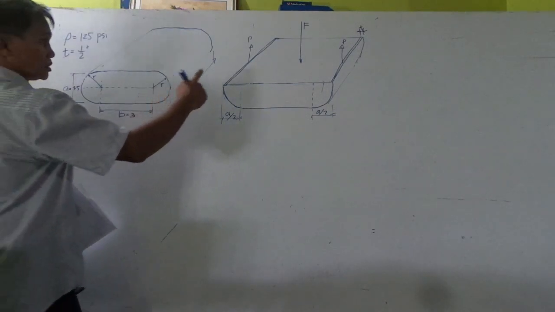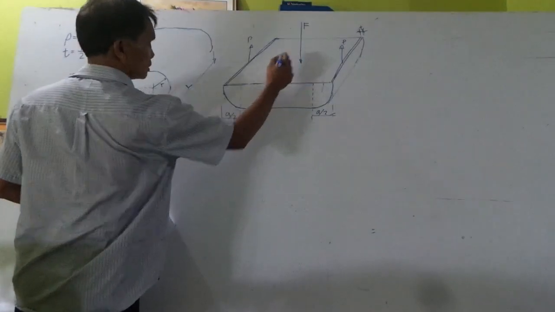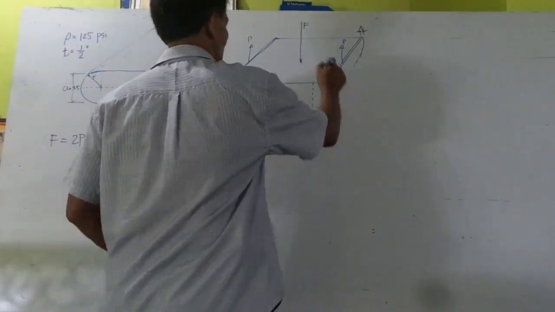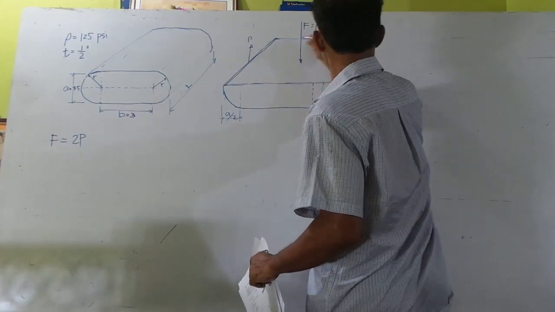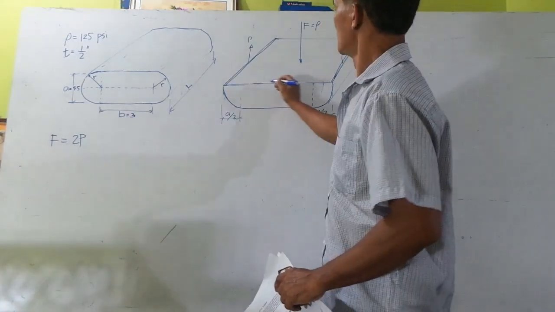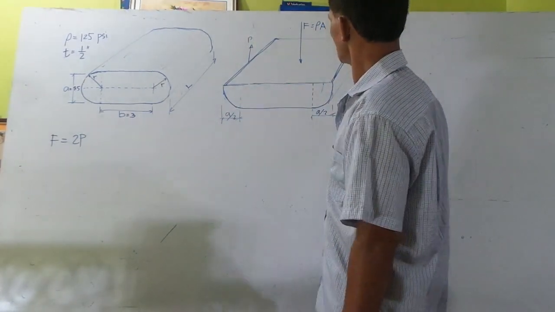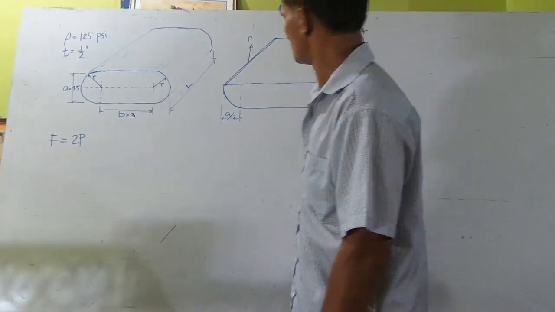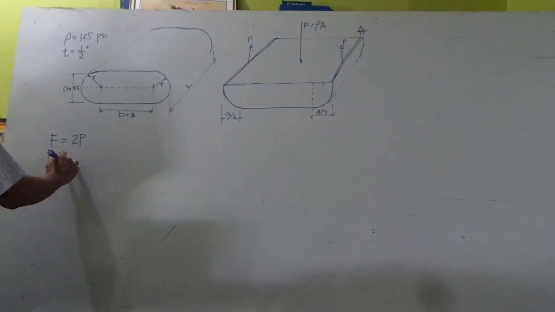But what is F? F is equal to the unit pressure times this area. So F is equal to the unit pressure times that particular area.